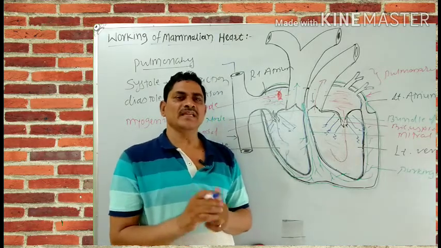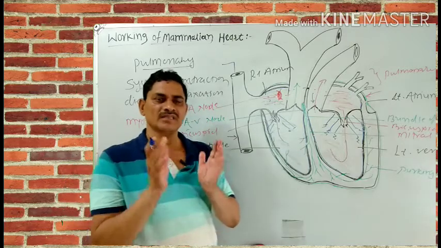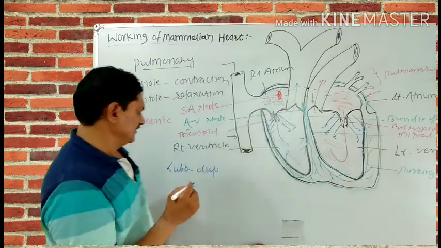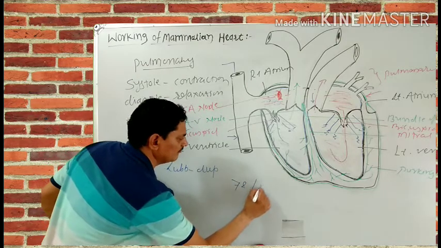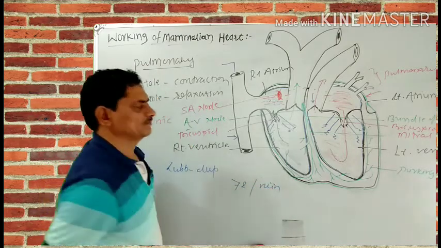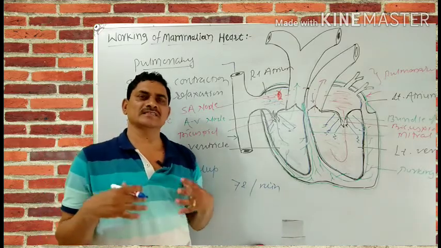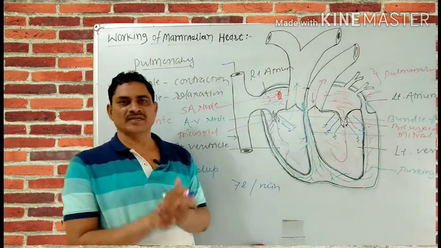We know that in a healthy human person there are 72 heartbeats per minute, meaning 72 heartbeats occur in a healthy person per minute.